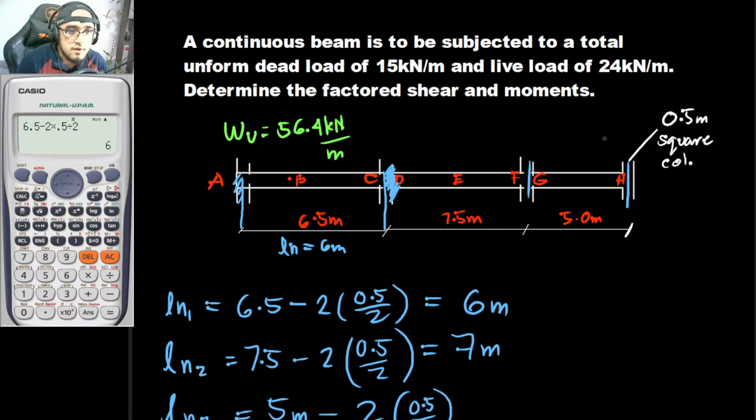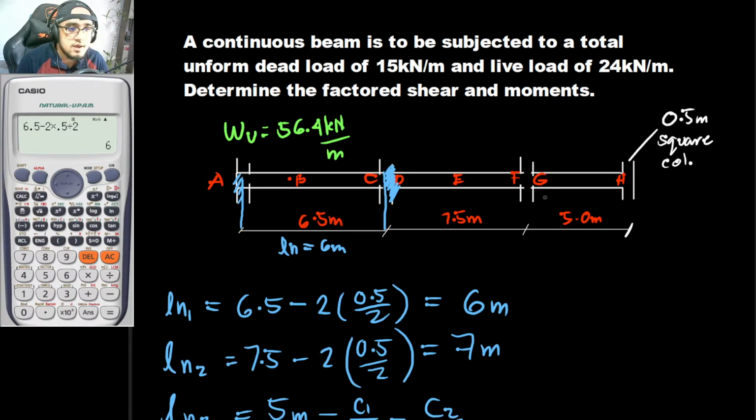However, if the columns have different dimensions, hindi na ganito yung formula mo. So, ang formula nyo kapag magkakaiba na yung column dimensions is minus half of column 1 minus half of column 2.